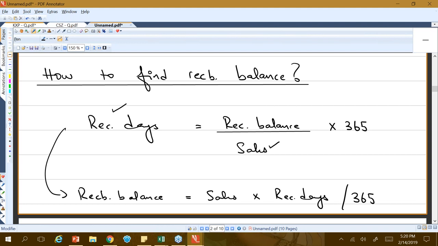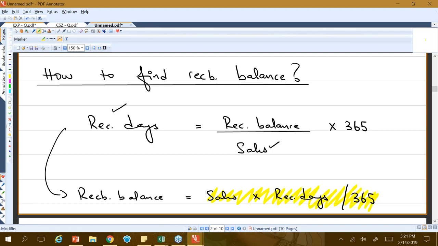Receivable days are receivables balance over the sales into 365. If we are given the receivable days and the sales, we can find the receivables balance, which is the sales into receivable days over 365. Please remember this calculation as we will be needing this.